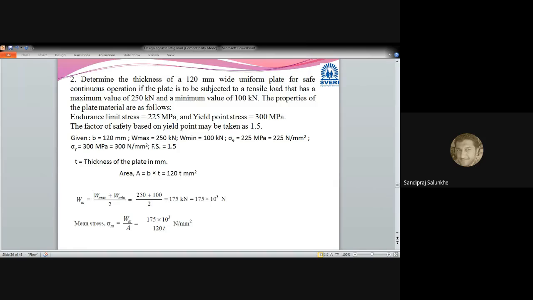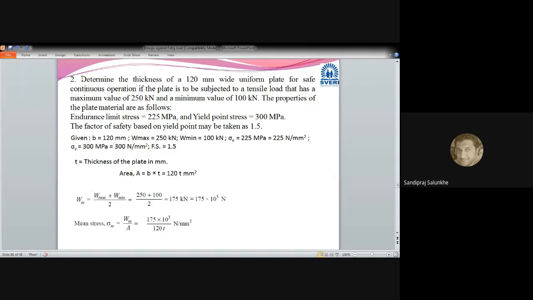Yield stress is given as 300 megapascal, that is 300 Newton per millimeter square. And the factor of safety we have to take as 1.5.